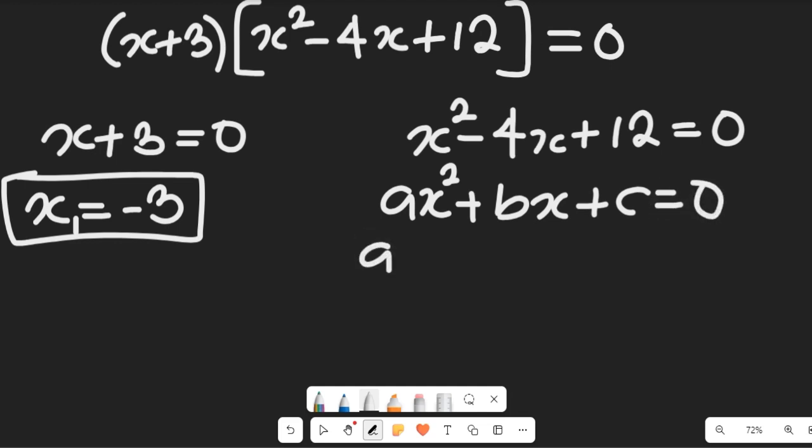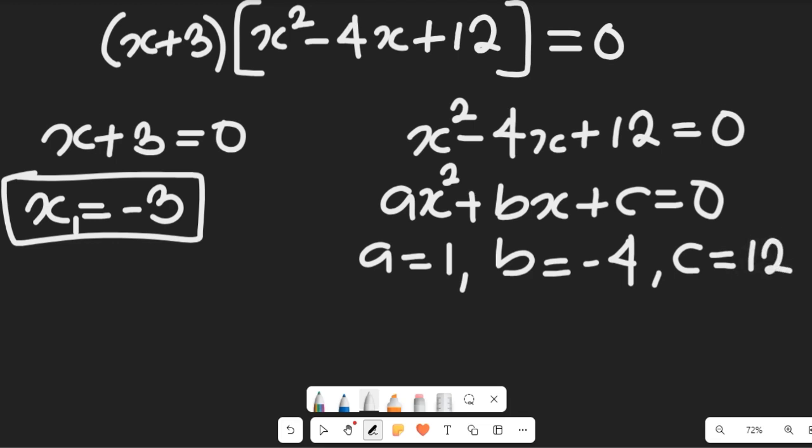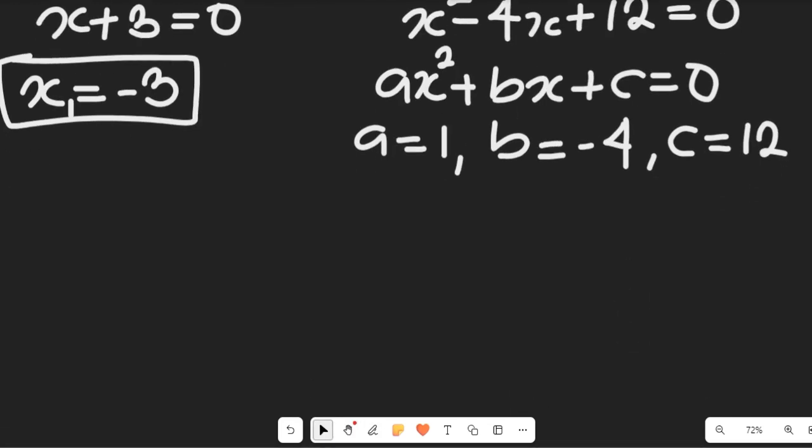So from here, my a is equal to 1, my b is equal to -4, and my c is equal to 12.